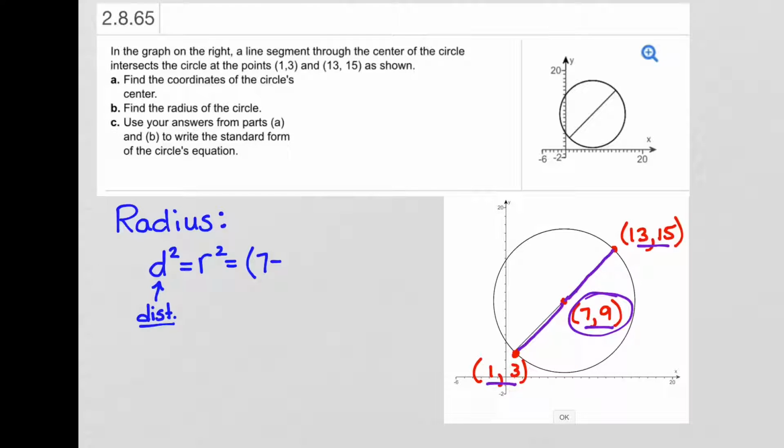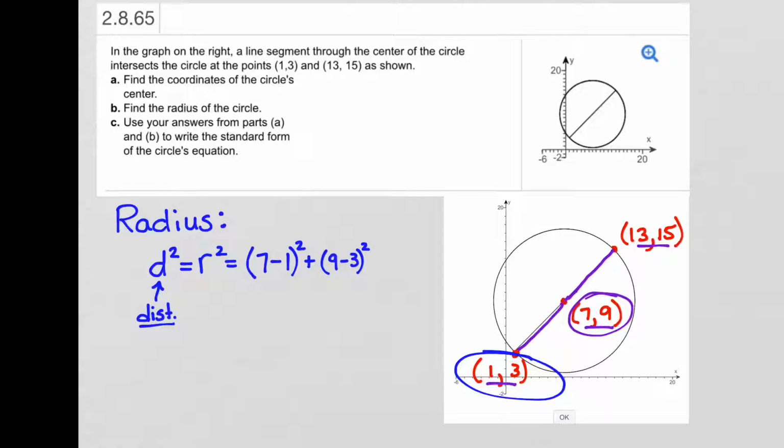So the difference in the x values, I have 7 minus, and I'm going to use this point, 1, 3. So it's 7 minus 1 because 7 and 1 are both x values, and we square that, plus, and then I'll take the y value from the center minus the 3 y value on the edge and square that.